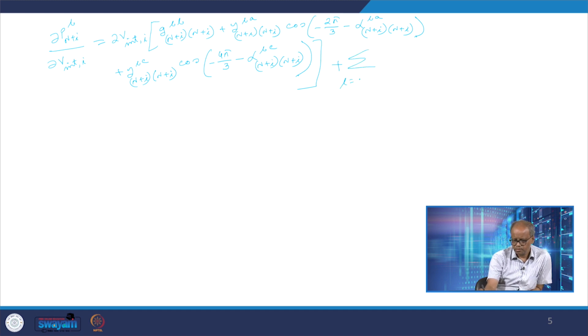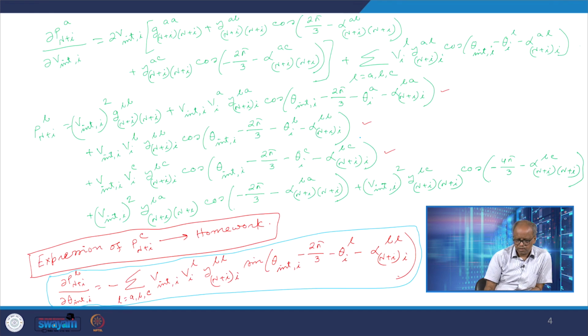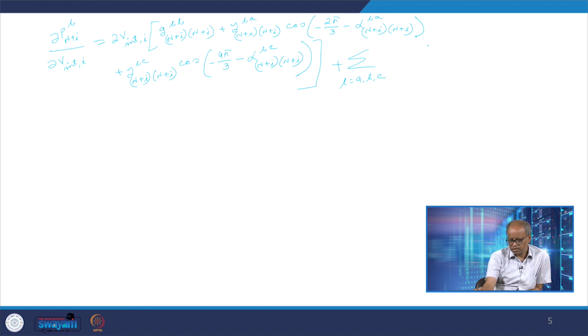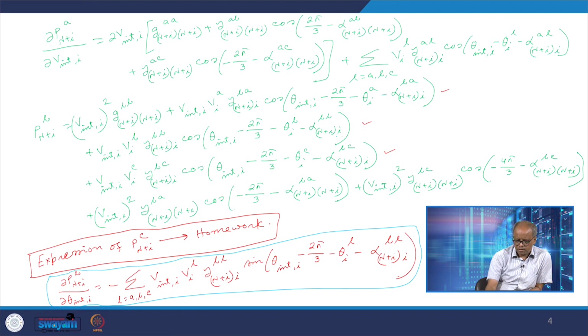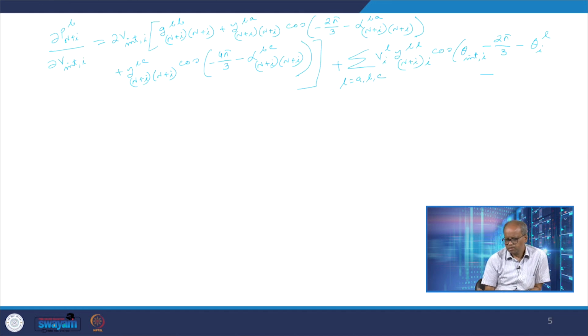L is equal to A B C, then it would be V I L Y n plus I BL, then cosine theta internal I minus 2 pi by 3 minus theta I L minus alpha n plus I BL.